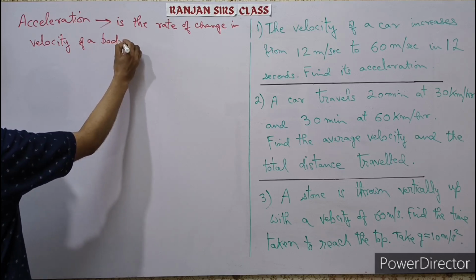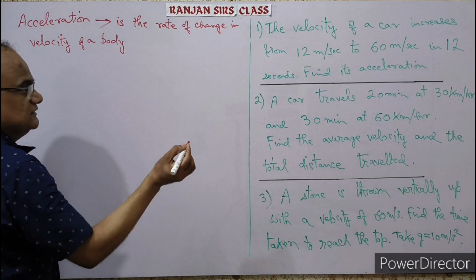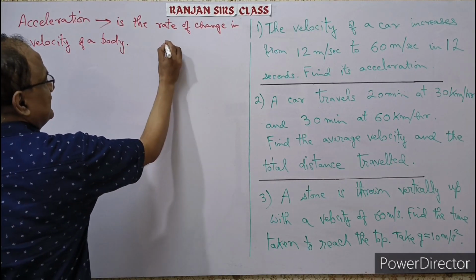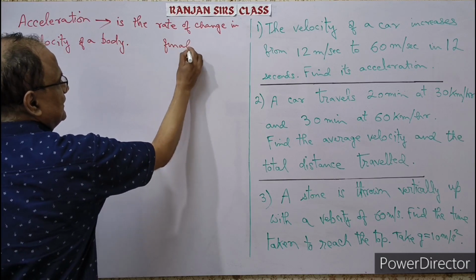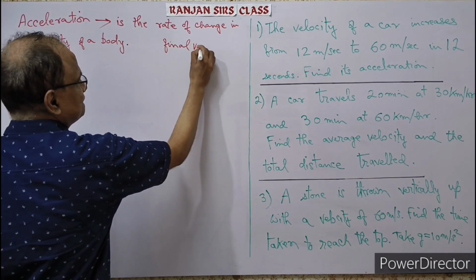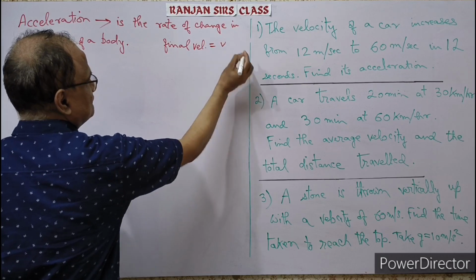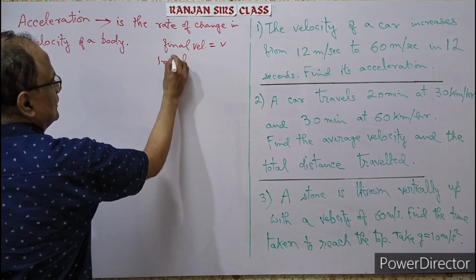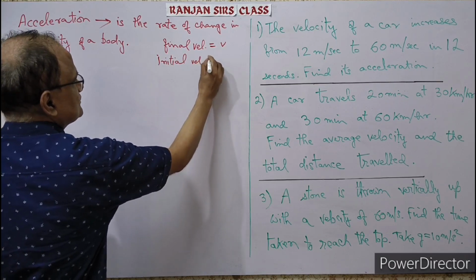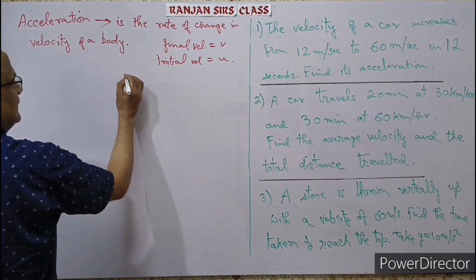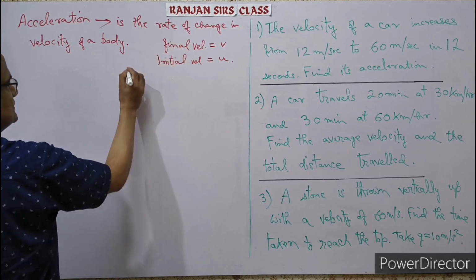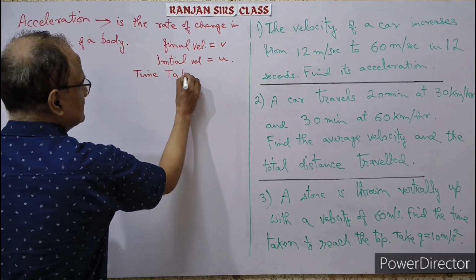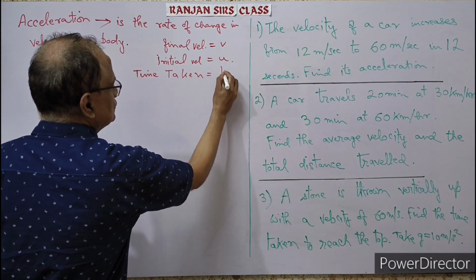And what is the change in velocity? Change in velocity is nothing but final velocity minus the initial velocity, isn't it? Suppose final velocity is v, small letter v, and initial velocity I am writing by the small letter u, and the time taken for the change is equal to t.